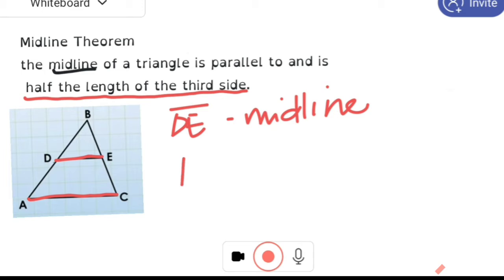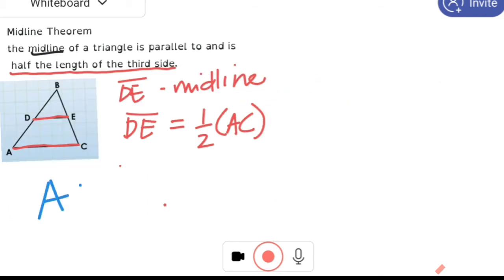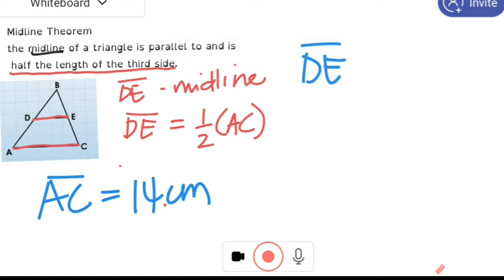So DE is equal to 1/2 of the third side, which is AC. Let's say segment AC is equal to 14 centimeters. How are we going to find DE? Let's have DE is equal to X because it is still unknown.